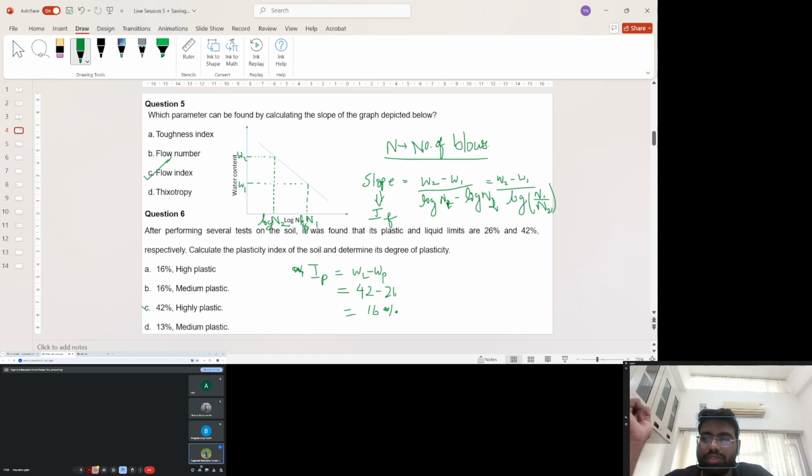Right. So this option and this option are ruled out. Now, how to decide whether it is highly plastic or medium plastic? Any idea?